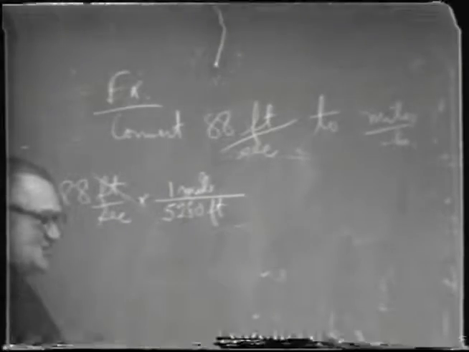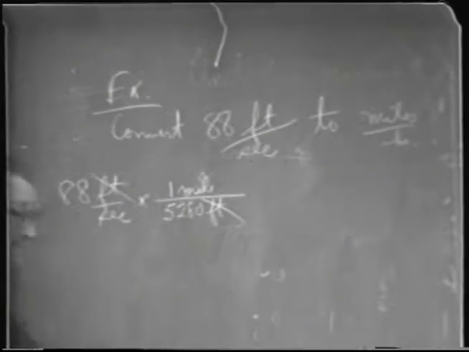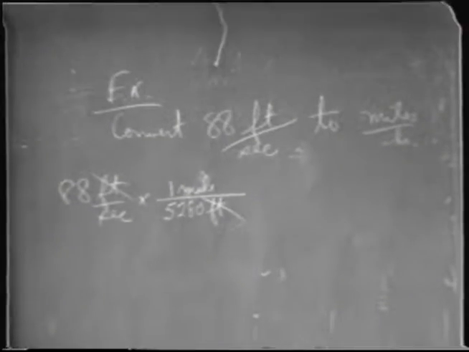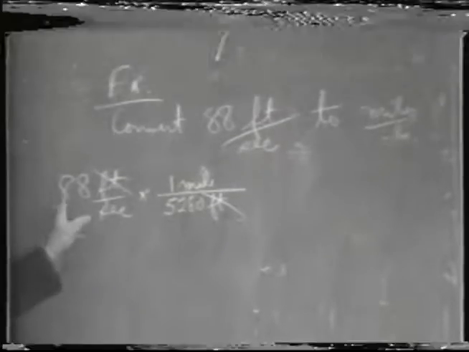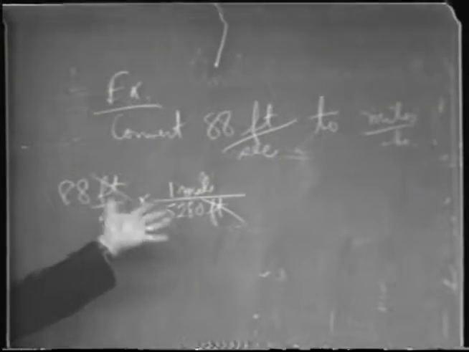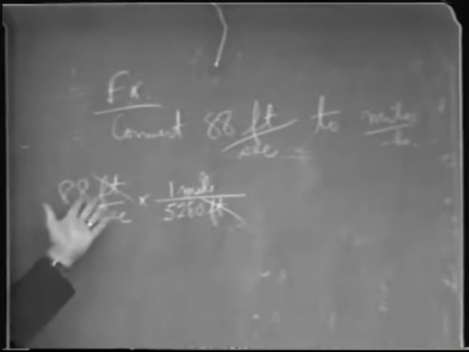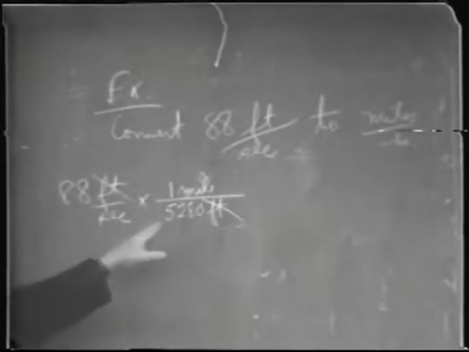And if you've put the right units in, the ones you want to get rid of will cancel out, just like numbers will cancel out if they're equal. So now if we solved this out, it would have converted 88 feet per second to miles per second.